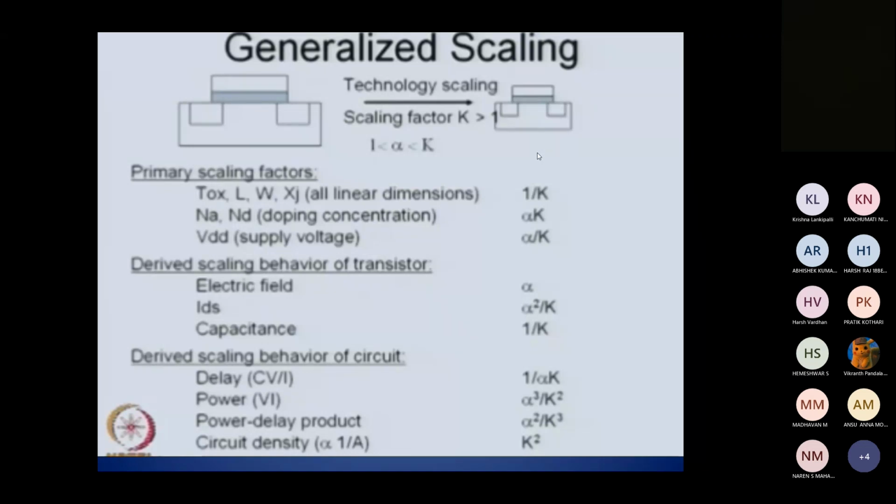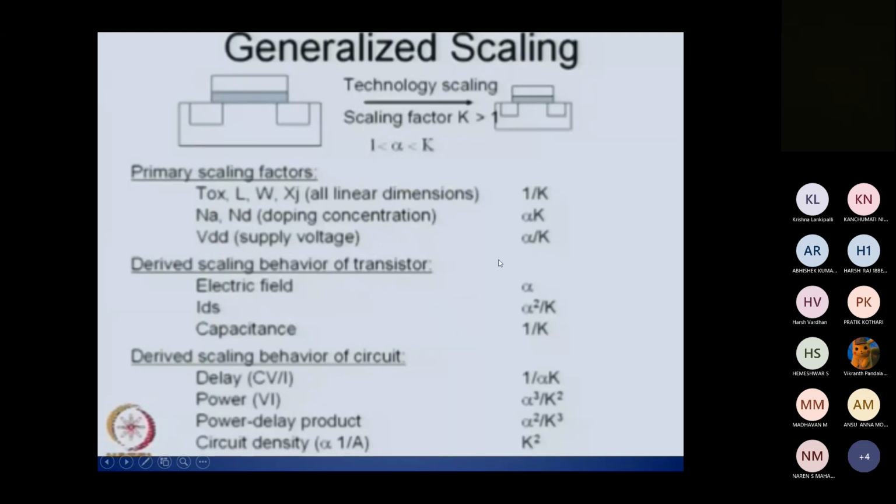Similarly, if we take into consideration the supply voltage, the supply voltage is multiplied by alpha divided by K. Considering the derived scaling behavior of the transistor, the electric field is multiplied by alpha times. So let's say we have a miniaturized version of this MOS device and we have an electric field. What is the new electric field for this miniaturized device?